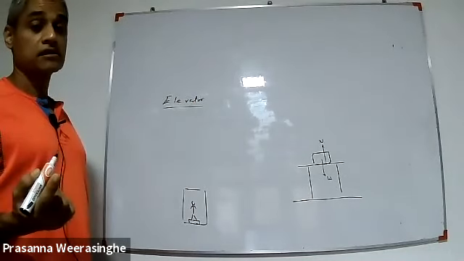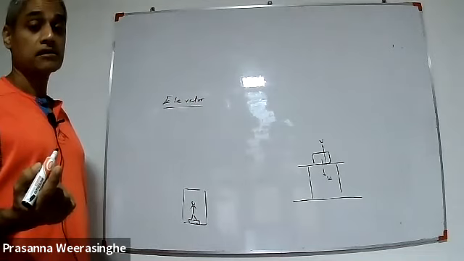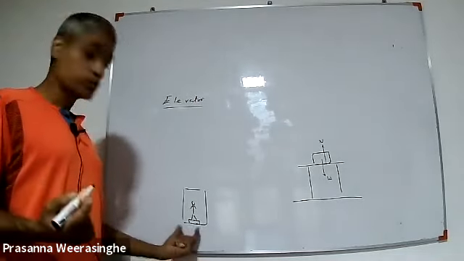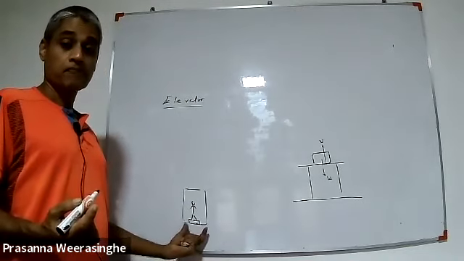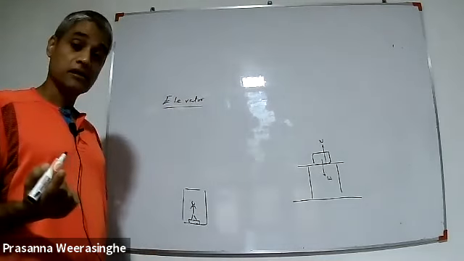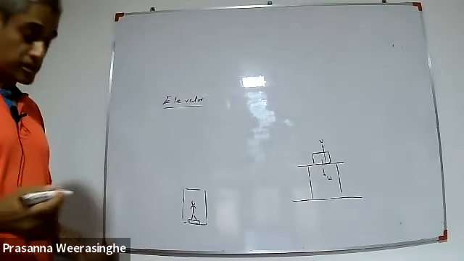Your weighing scale will also show you your weight correctly if you're moving up or down at what? At what motion? What motion should it be?